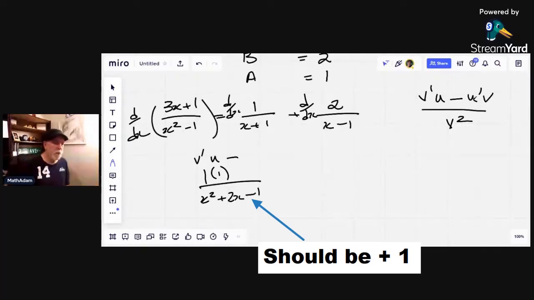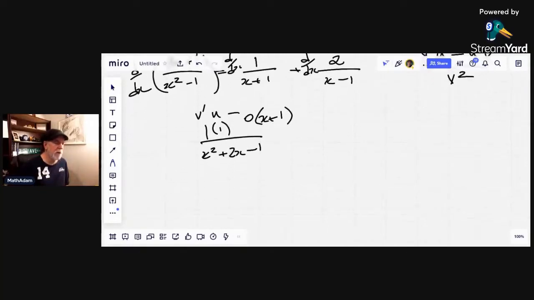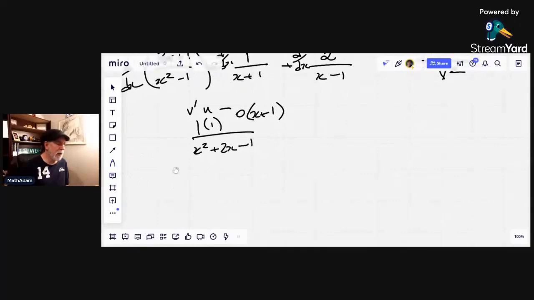So u prime is just going to be 0, 0 times x plus 1. So this partial fraction, when we take its derivative, ends up being 1 over x squared plus 2x plus 1.